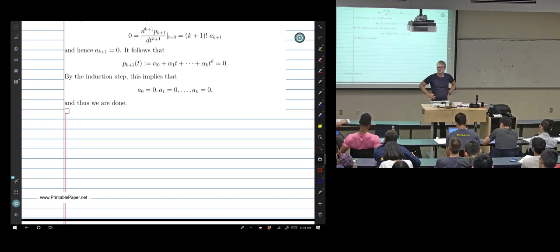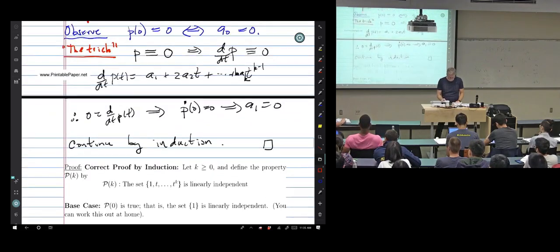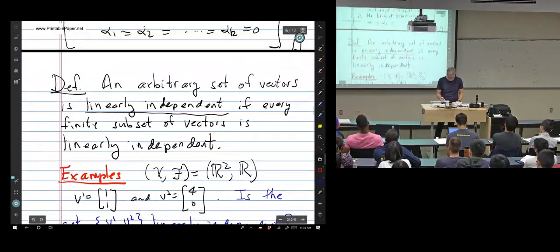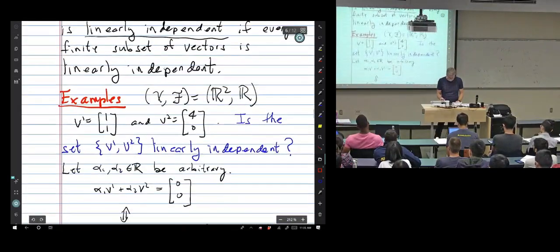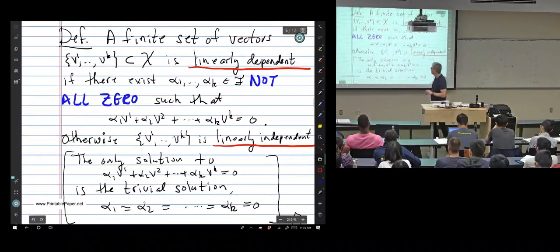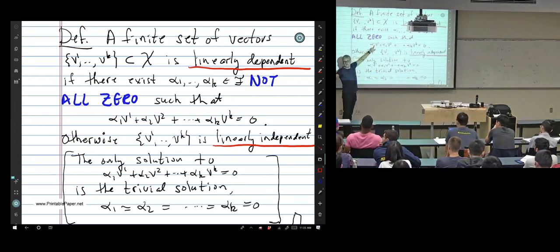Happy so far? Question? So for a trivial solution, you're saying that there's only one solution, that all A is 0, right? Yes, that's what I mean. So let's go back and just make sure the vocabulary is cool there. 0, 0, 0, 0 is always a solution.